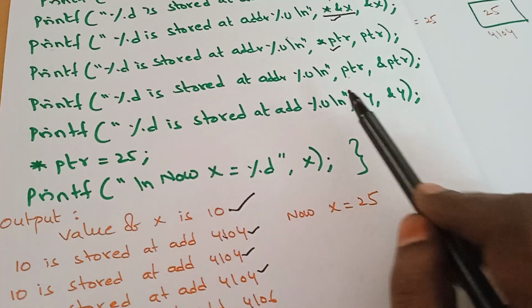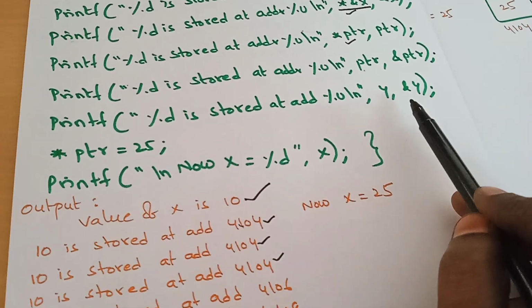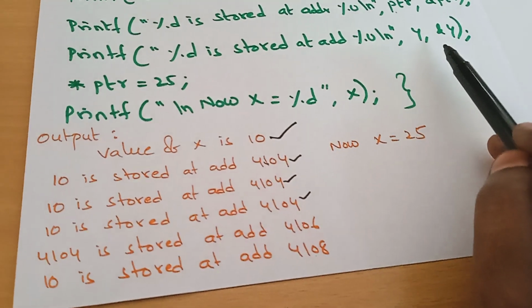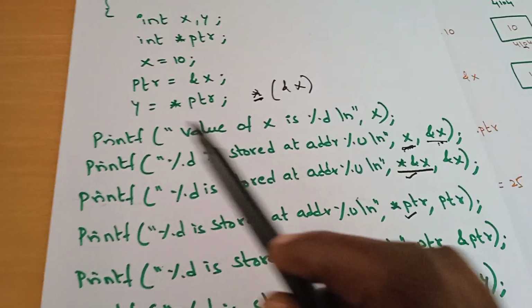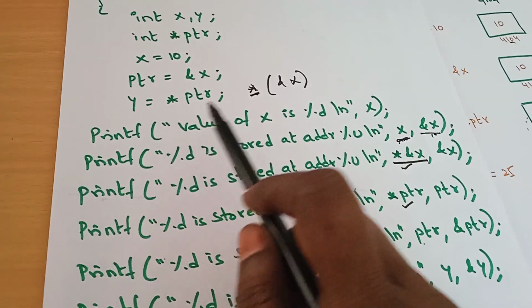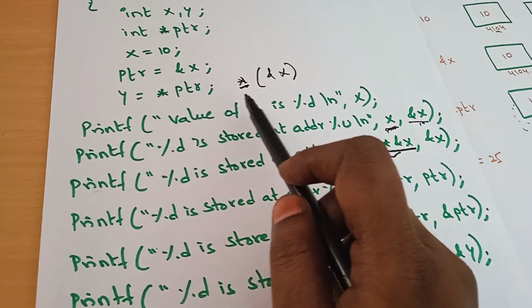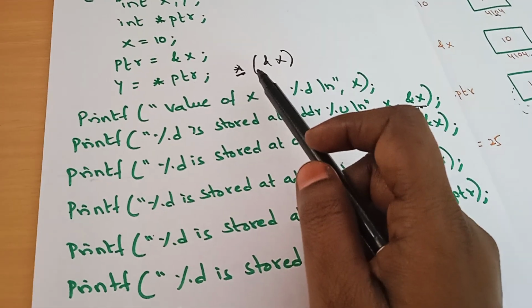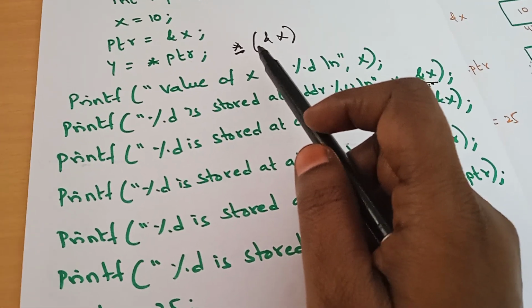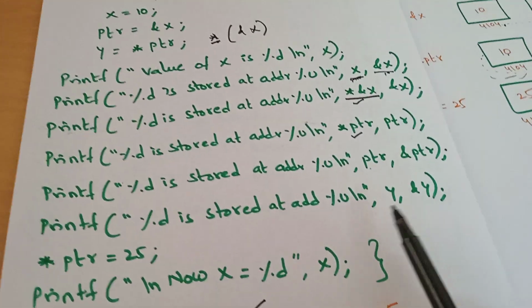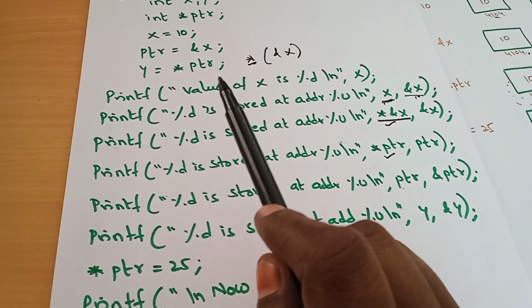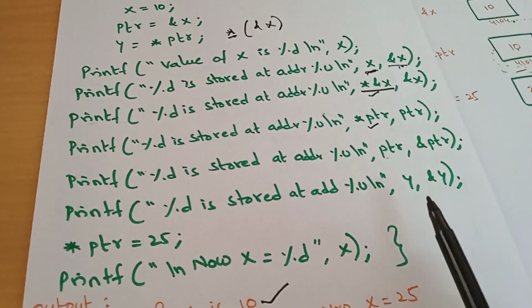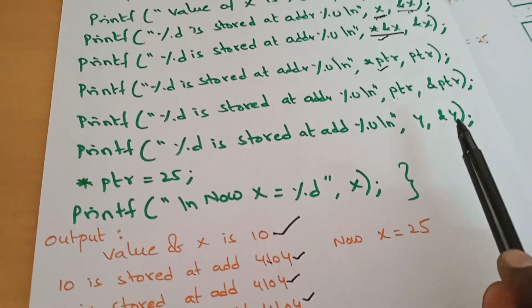%d is stored at address, y comma &y. What is y here? Look back. y = *ptr. What do you mean by *ptr? Again you are pointing to where? The value of x. y is nothing but *ptr. *ptr is nothing but the value of x. &y is nothing but what?